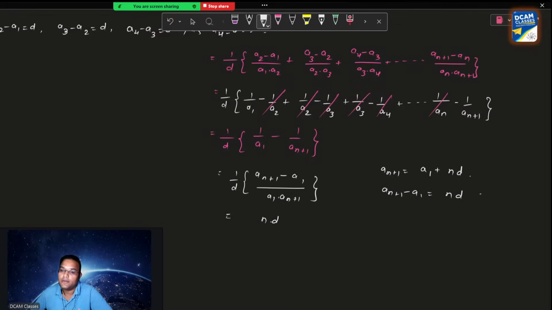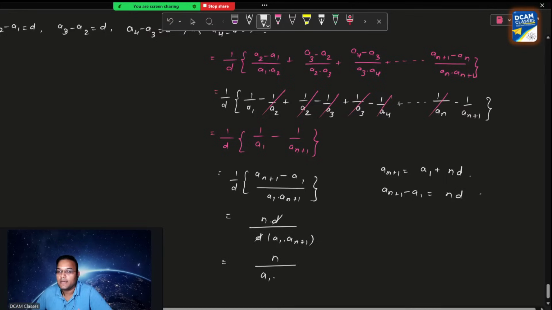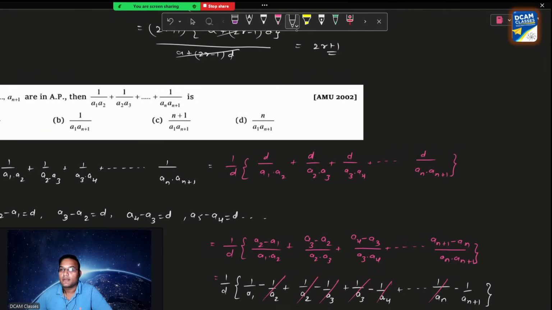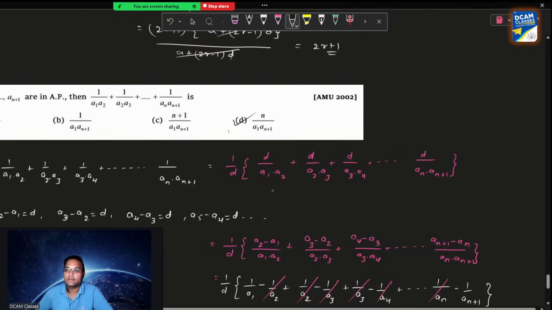So this will be n into d divided by d into a1 an plus 1. The d will get cancelled. So n by a1 an plus 1 should be the answer. Got it? How to solve these questions?